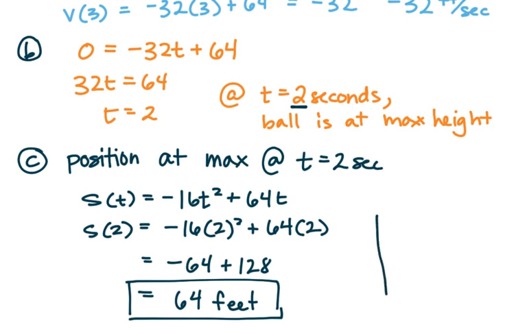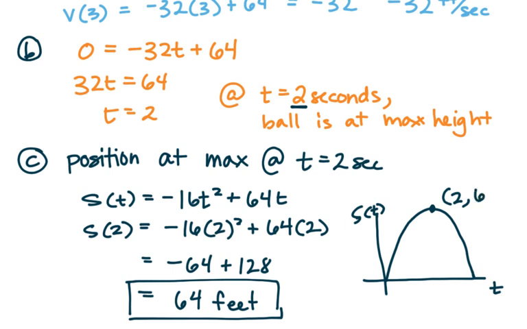And if you were to graph this position function in your calculator, you'd get something that looks like this. And right up here, this ordered pair, if we were dealing with t, s of t, that ordered pair at time t equals 2, my position, my output, is 64.